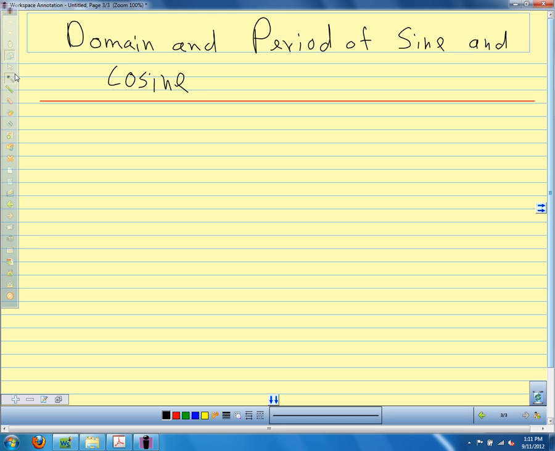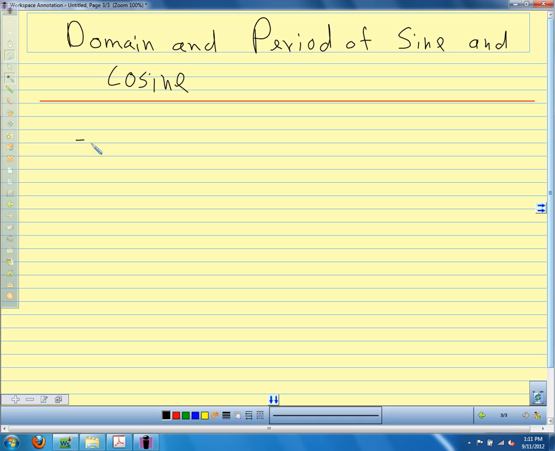So if we think of wrapping the number line around the unit circle, and if we're thinking about negative numbers, we're just going around the opposite way. What do you think the domain of the sine and cosine are going to be? I have that number line, and I can just keep wrapping it around and around as long as I want. So what do we think the domain is going to be? What values could we plug into the function?